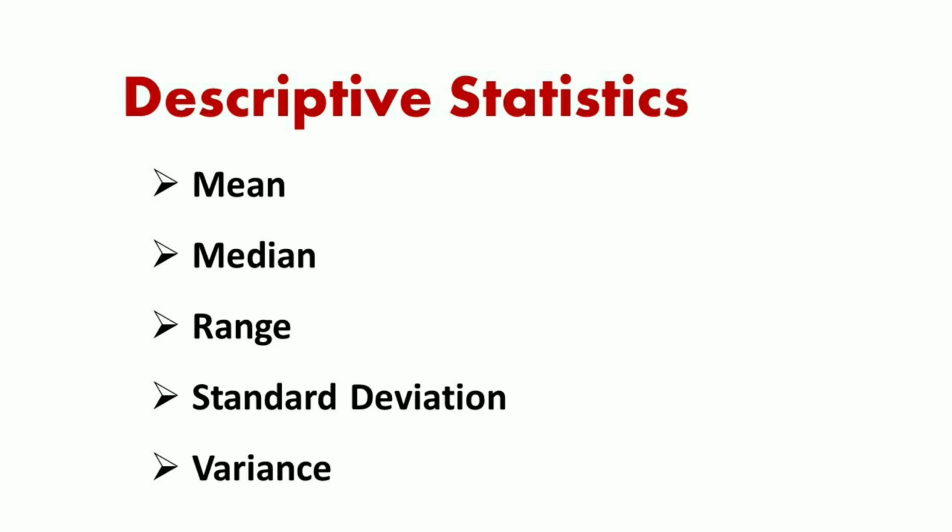The range is the easiest to compute, while standard deviation and variance are more complicated but also more informative. Standard deviation illustrates the spread of data relative to the mean, and the variance is used to illustrate how much of a spread exists in the data.